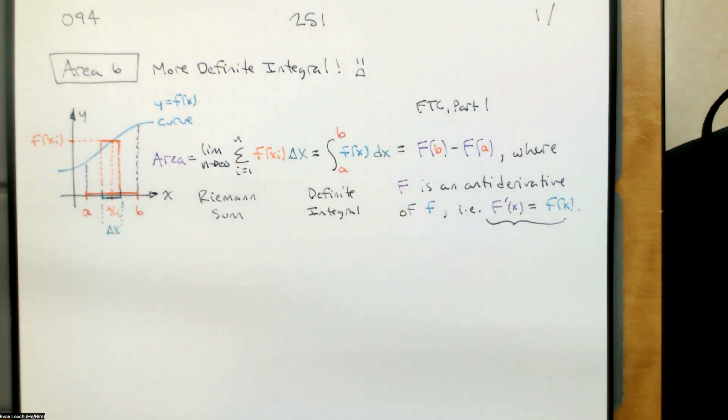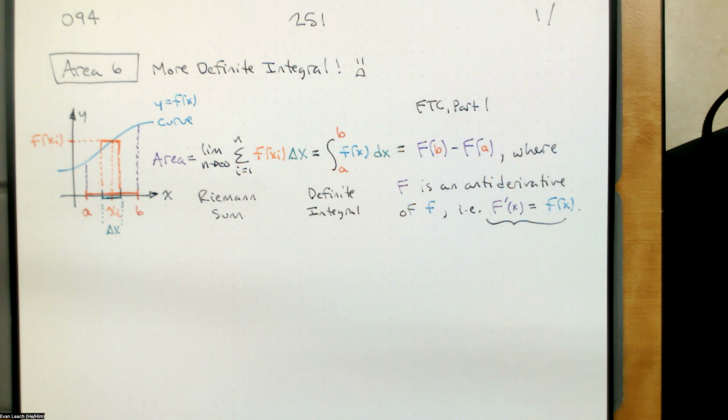So capital F is an antiderivative of little f. That means little f is the derivative of capital F. That's what this statement says. Little f is equal to capital F prime.